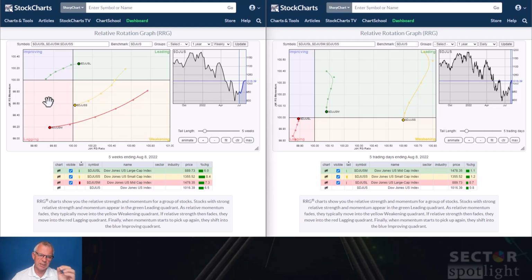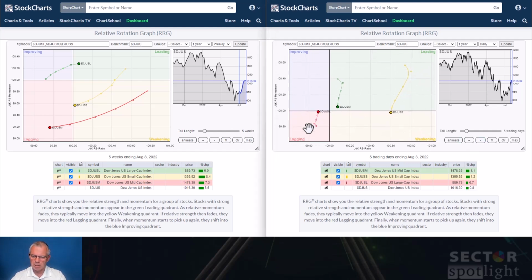They are crossing into the leading quadrant, and small caps and mid caps are ending their positive streak. They moved from leading through weakening, and now mid cap's already inside lagging, and small cap is almost inside lagging. And that image is supported by the daily graph, where large is picking up again and mid and small caps are losing relative momentum, and mid cap will soon cross over into weakening where small caps already are.